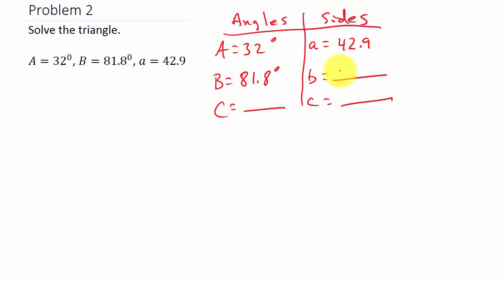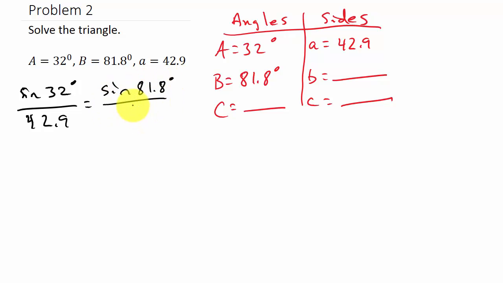All right, so let's go ahead and find side B. So that's going to be the sine of 32 degrees over 42.9 is equal to the sine of 81.8 degrees over side B. All right, so when I solve for B, since it's division here, when I move this across, it's going to go up to the numerator.